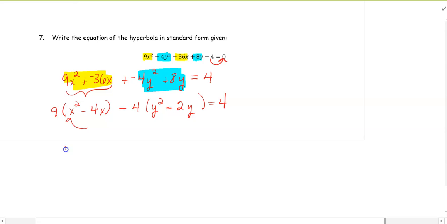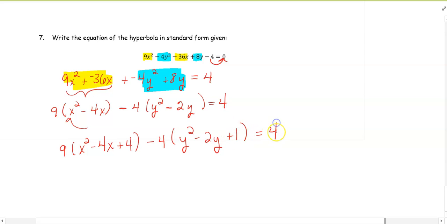So after I complete the square, I create these perfect squared trinomials. But I have to balance the equation. Take a deep breath here. Don't rush. I did not add 4. I added 9 times 4. I did not add 1. I added negative 4 times 1.